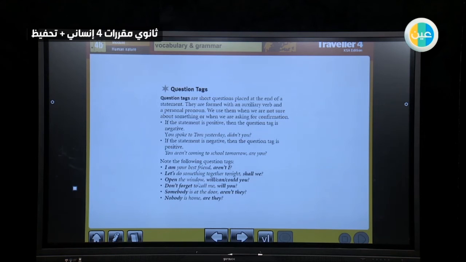Let's do something together tonight, shall we? So if we have let's in our statements, we have to write this question tag, shall we? Open the window. This is imperative. Open the window. Will you, can you, or could you? With imperatives, I can choose one of these modals.